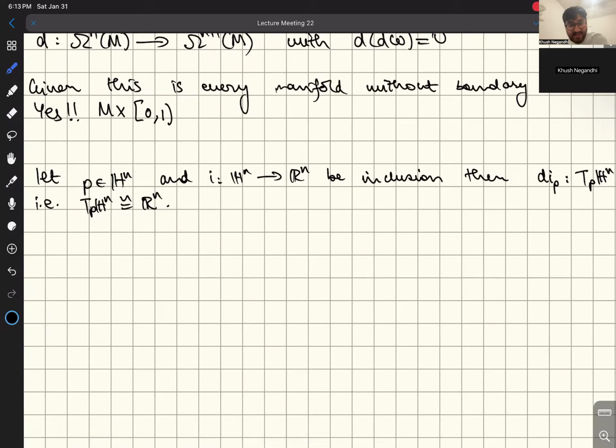With this out of the way, it's now an exercise, I suppose. Actually, it's not really an exercise. Then we can define the tangent space at the boundary of the manifold by using this.